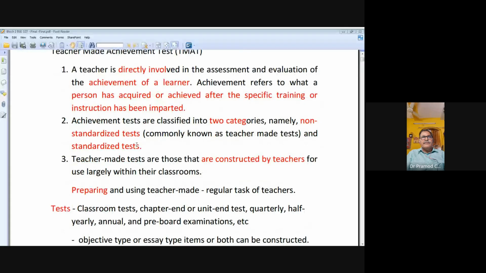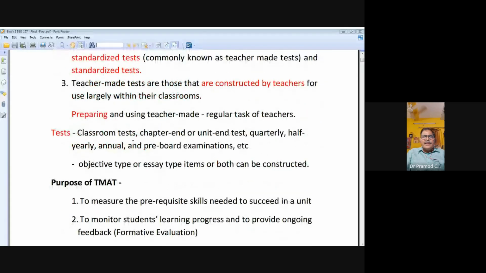But what type of test are we going to conduct inside the classroom situation? You know that classroom test, chapter end test, unit test, quarterly test, half-yearly test, annual test, and pre-board examination.